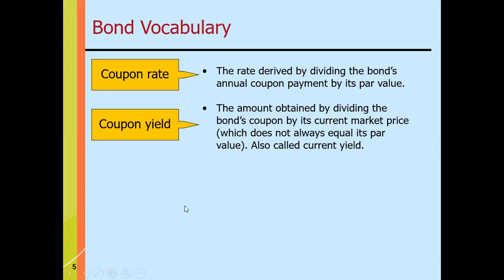By using the coupon yield or the effective interest rate or the prevailing market rate of interest as the discount rate to compute the present value of the interest, as well as, of course, firsthand the principal. So as said, the current market price does not always equal its par value. Hence, the coupon yield or the current yield or the effective interest rate or the prevailing market rate of interest would be used.